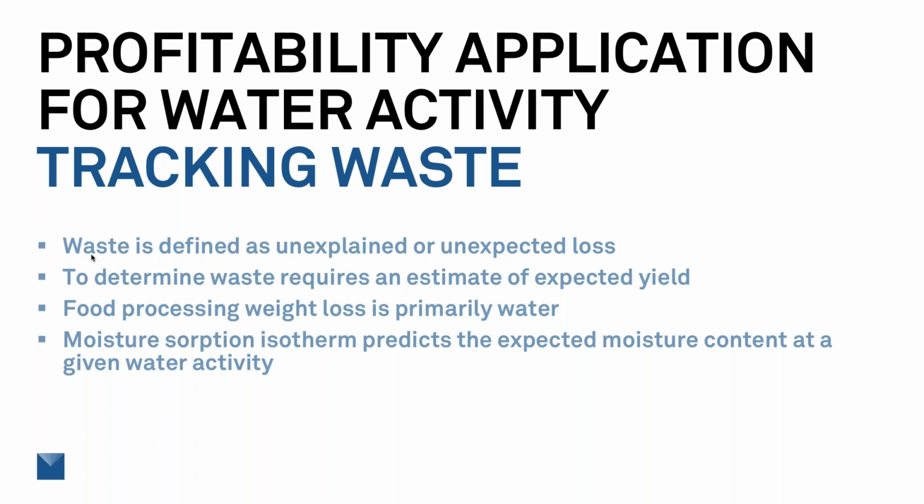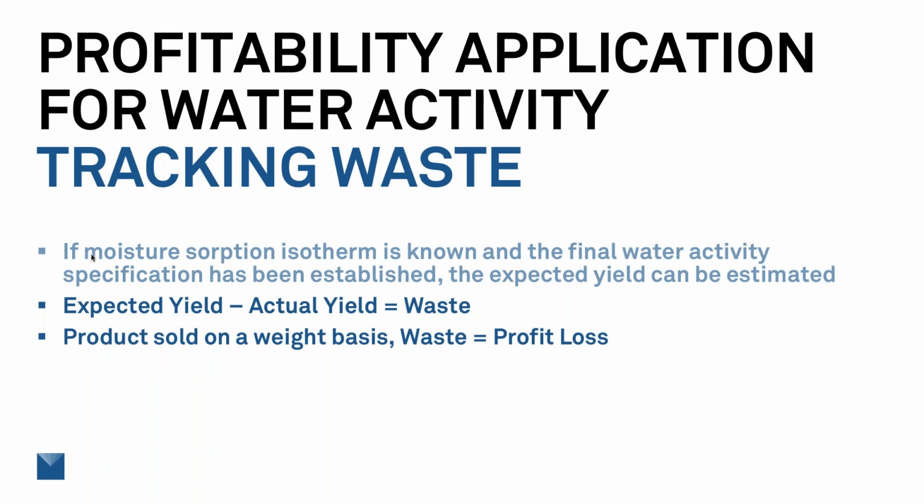And so one of the main sources of loss can just be not processing to the proper water activity. And we can actually see that and calculate what the consequences are through the use of a moisture absorption isotherm. So how this works is, if you know the isotherm and you know what the optimal final water activity is, you can make an estimation of what your expected yield should be versus what you actually made, because the isotherm only accounts for water loss to get to that water activity.